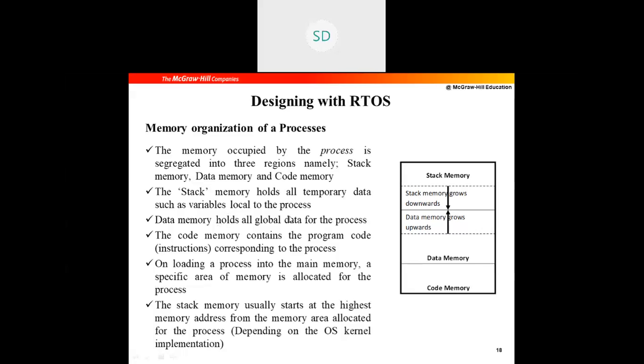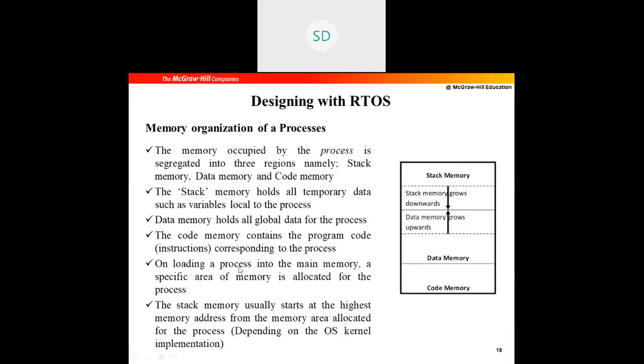Data memory holds all the global data for the process during execution, whatever data needs to be stored. And the code memory contains the program code corresponding to the process.